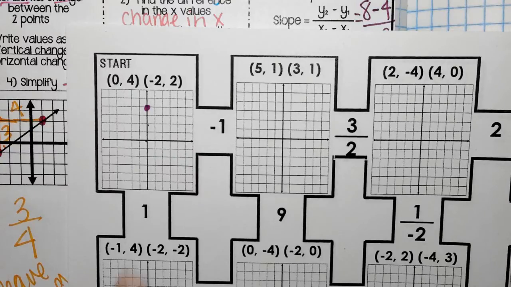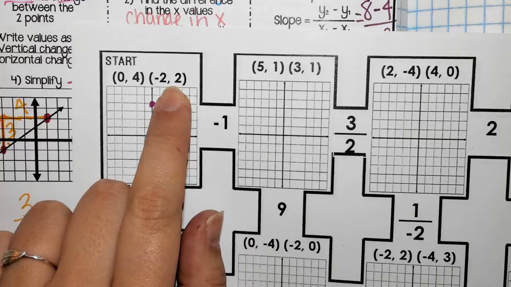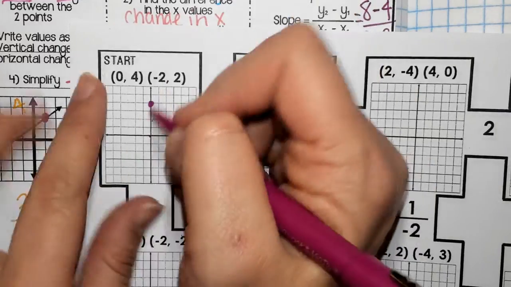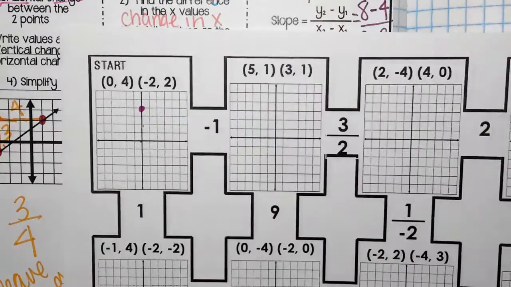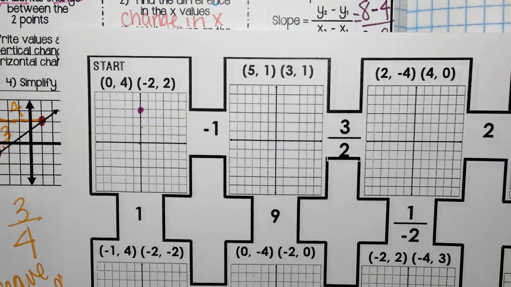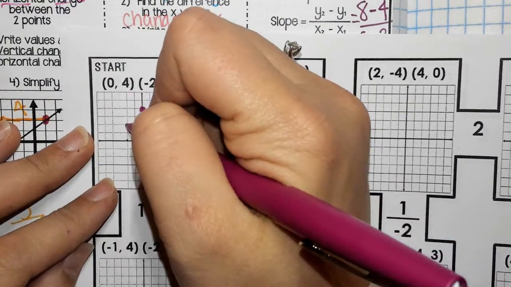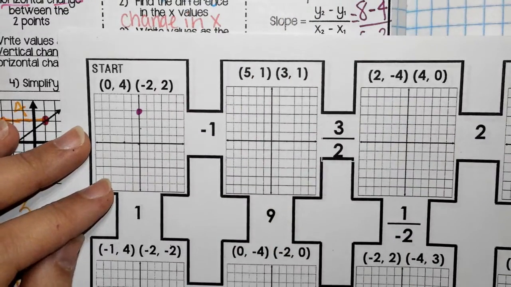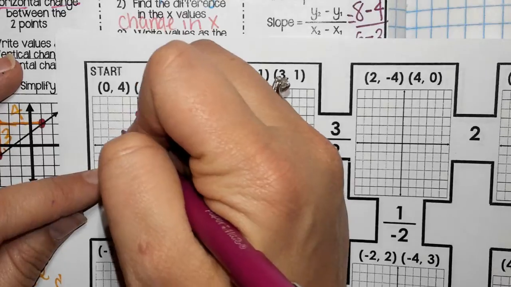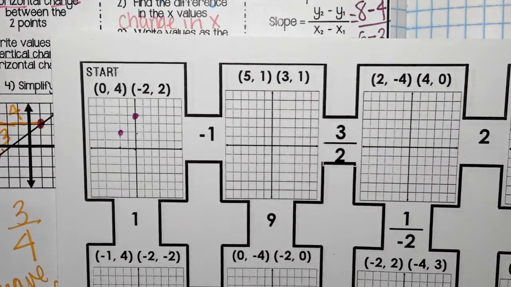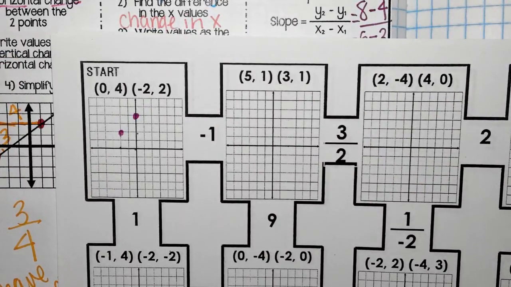Alright, where is -2, 2? Over is not a direction. Go left and go up 2. Left 2, up 2. You connect the dots. Always connect the dots.